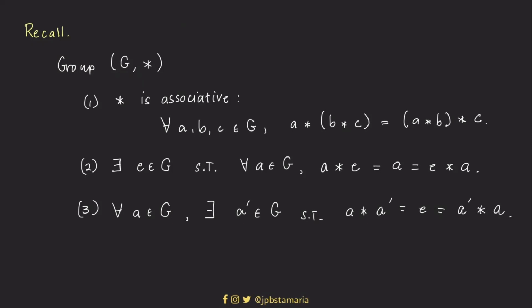So that is what we mean when we say an inverse for the element A. If these three conditions are satisfied, then we call the pair a group.